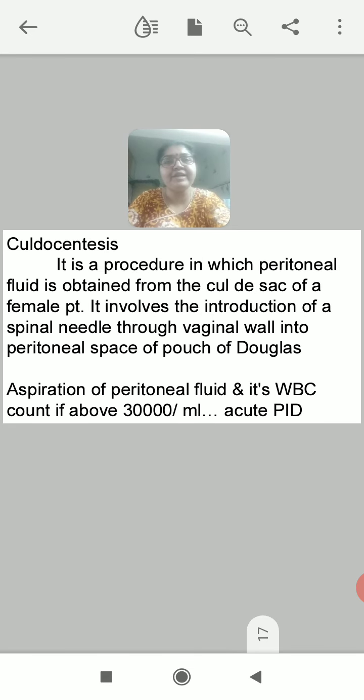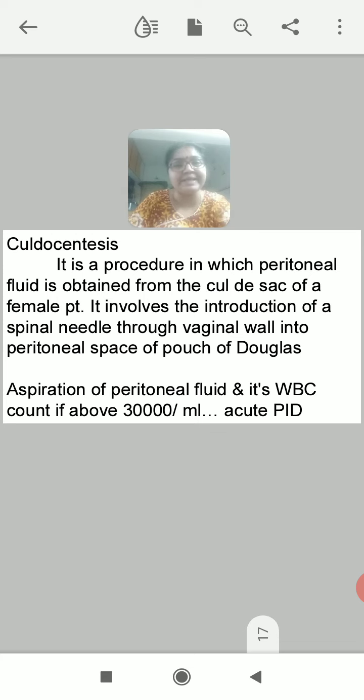Another method of investigation is culdocentesis. What is culdocentesis? It is a procedure in which peritoneal fluid is obtained from the cul-de-sac of a female patient. It involves the introduction of a spinal needle through the vaginal wall into the peritoneal space of the pouch of Douglas.